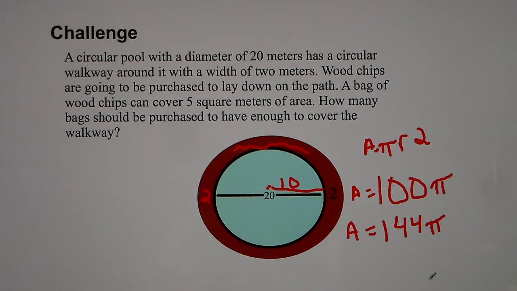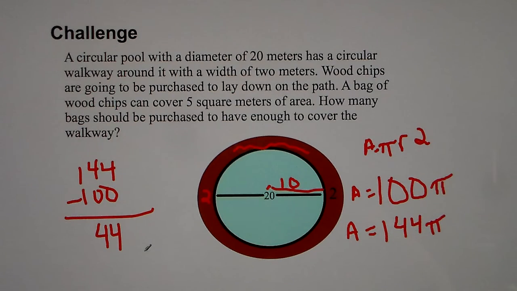To find out the crust of the pizza, we do the area of the red minus the area of the blue. So 144 minus 100 will get us 44. Maybe 44 pi, because 144 pi minus 100 pi gets you 44 pi. So that's how much area of wood chips that we need to fill.